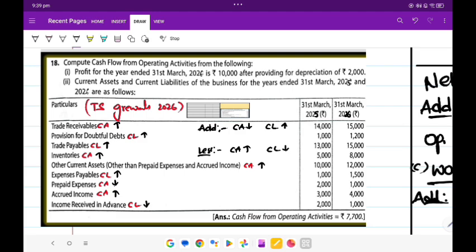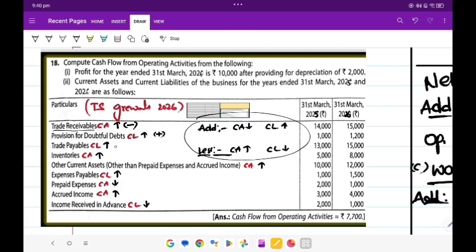Trade receivable, CA increased; provision for doubtful debts, CL increased. Following this sequence, we can easily identify which item is to be added and which is to be minus. CA increase means less, so put minus for this. Trade receivables increased, minus. Provision for doubtful debts, current liability increase, plus.